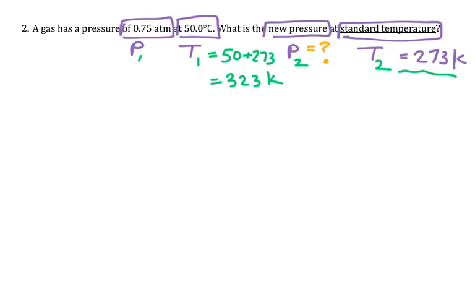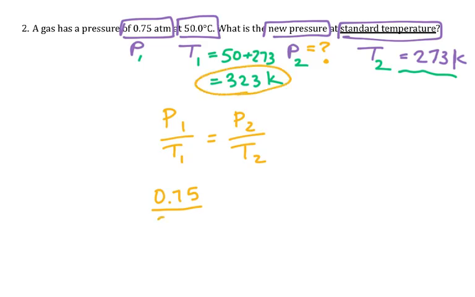So we're looking for P2. So P1 over T1 equals P2 over T2. And we'll have 0.75 over, make sure you use your Kelvin, 323 is going to equal, we're looking for our new pressure, over 273 with that.